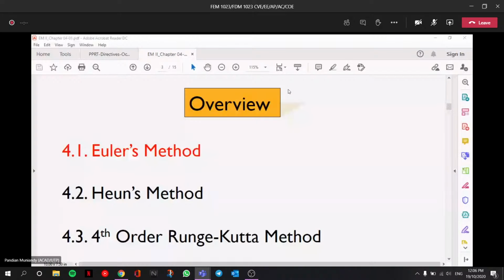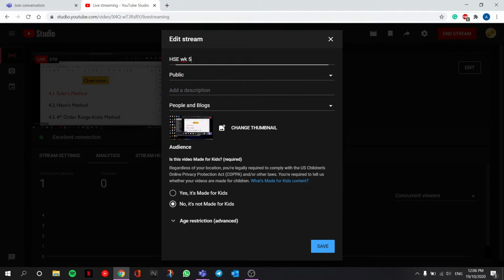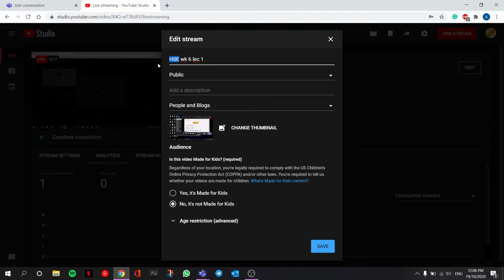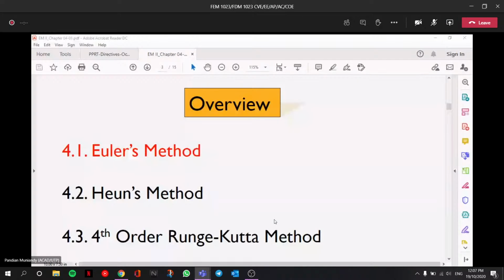We will start with the first order, and then you can move on to second order and third order. So at the moment, we will focus on the first order ordinary differential equation. It is not easy to use numerical methods to solve any higher order differential equation.